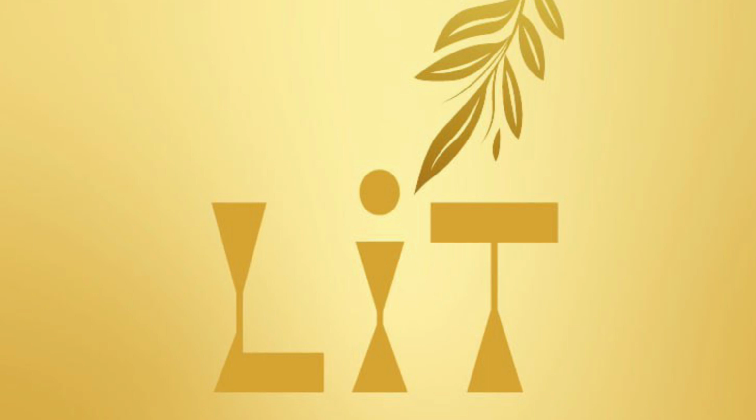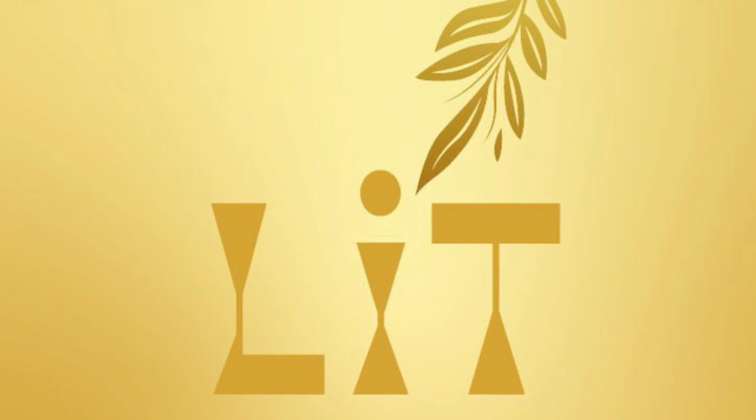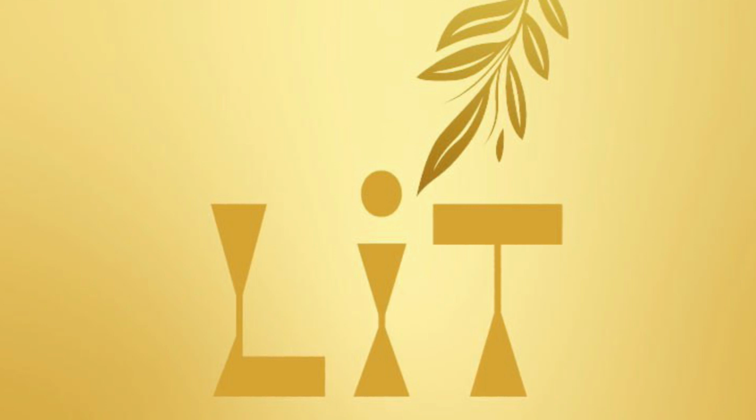Somehow, some way, they were able to tap into the image. Somehow they were able to tap into the hearing, seeing, saying, knowing. And they were able to have a vision.